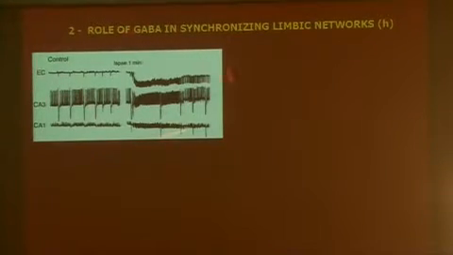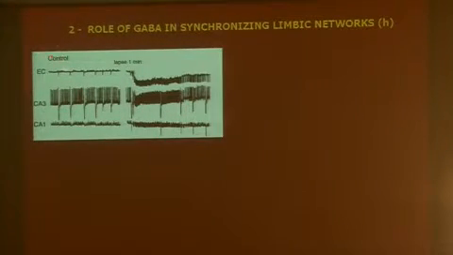Again, you see here, 4-aminopyridine in the bat, control: the slow interictal, the fast CA3 interictal, and so on. And then you see here that you have presumably a slow interictal that goes into a long period of ictal synchronization.